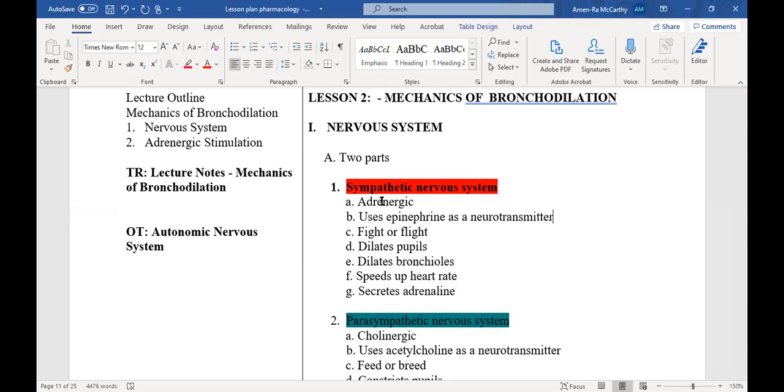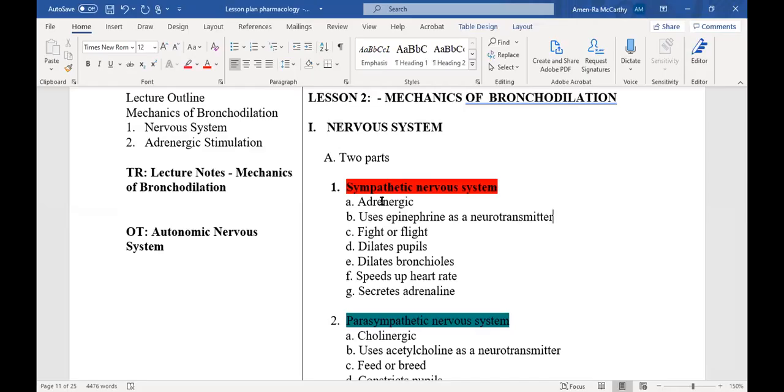If something is a mimetic, like sympathomimetic, it is trying to copy the effects of that nervous system. A sympathomimetic drug will mimic or act like, try to copy the effects of the sympathetic nervous system.